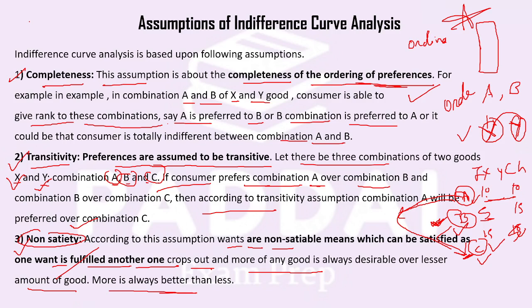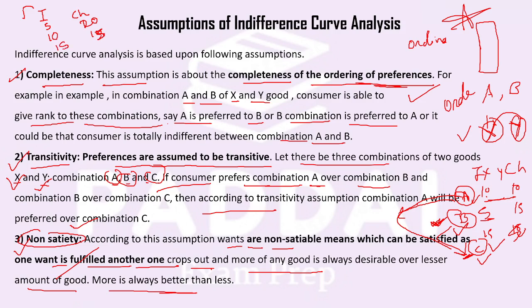It means you are consuming a certain product. If I am getting ice cream and chocolates, and the number of ice creams keeps on increasing, let's take it as 20, 10, so let's keep it as 25, 15, right?